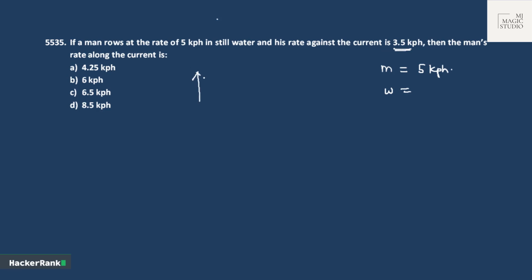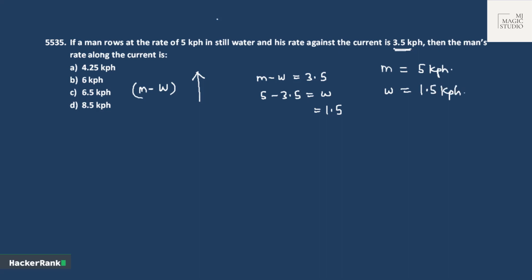So when you row against the current, your speed becomes m minus W, because you are getting resistance from the water. So m is 5 and m minus W is 3.5. M is 5, so 5 minus 3.5 is current rate, that is 1.5. Speed of water is 1.5 kph.